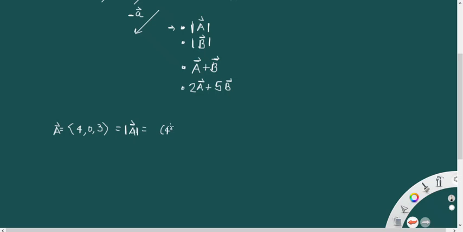So this will be 4 squared plus 0 squared plus 3 squared, and we calculate the square root of that. So in this case, 4 squared is 16, then 0 squared is 0, and 3 squared is 9.